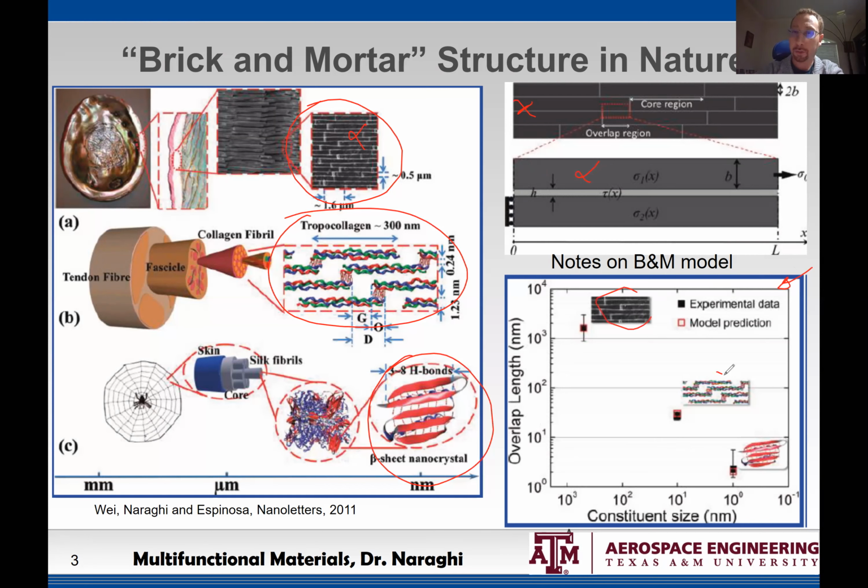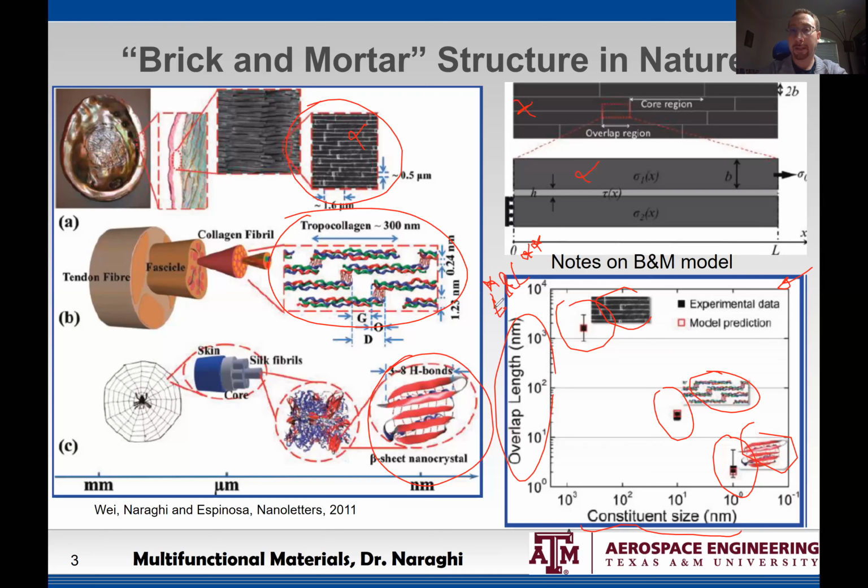Now, look at this graph here. The three are shown here, and I'm showing you two points for every structure. One is the experimental data, the length of the constituents, the size of the constituents, and the overlap length, basically L star and L double star.